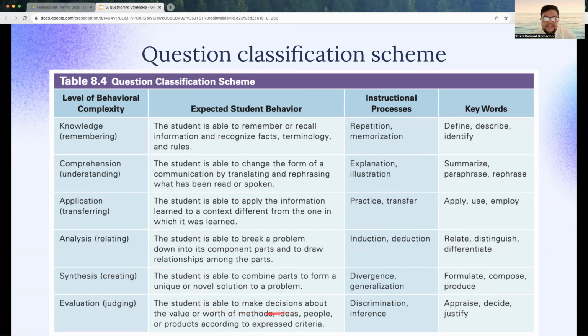The student is able to make decisions about the value or worth of methods, ideas, people, or products according to expressed criteria. So the instructional processes are discrimination and inference. So appraise means they have to have their own taste, from experience and so on. And next is decide, which one is better than the other, and justify why you choose this, why you choose that. I think that's that for this session.